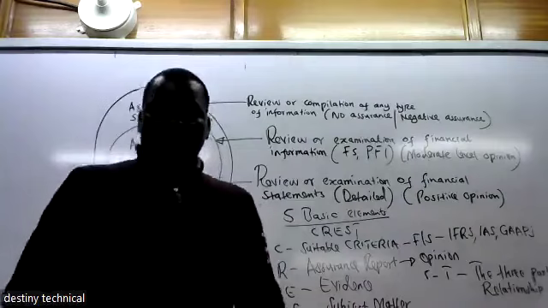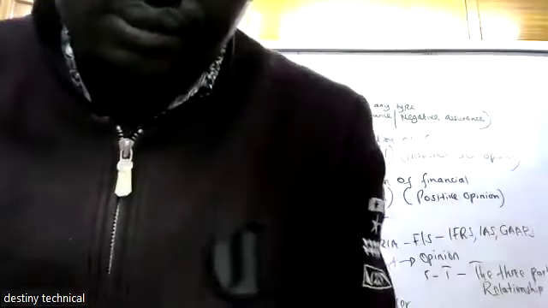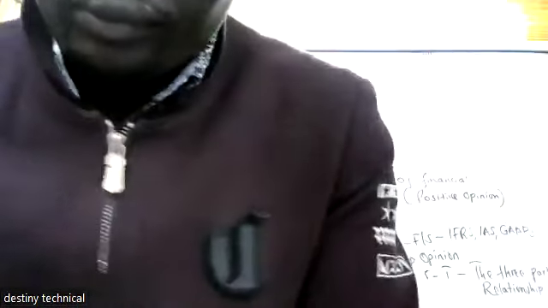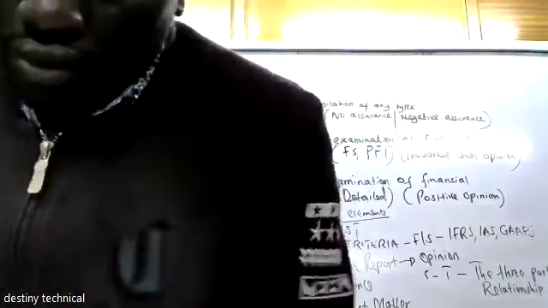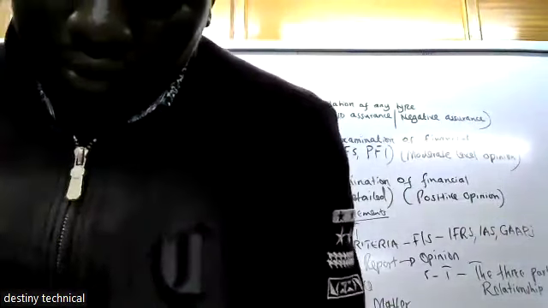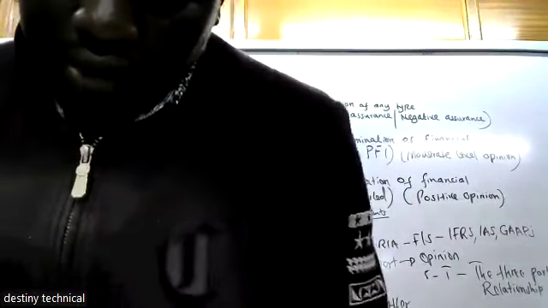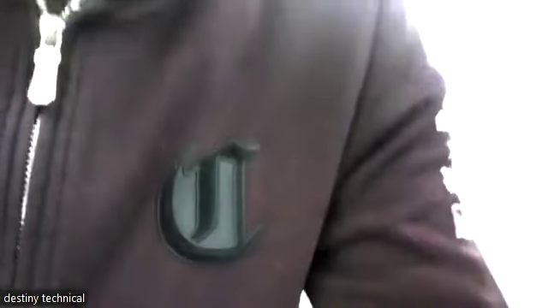So let's put down the following on the basic elements. An assurance engagement has the 5 basic elements.